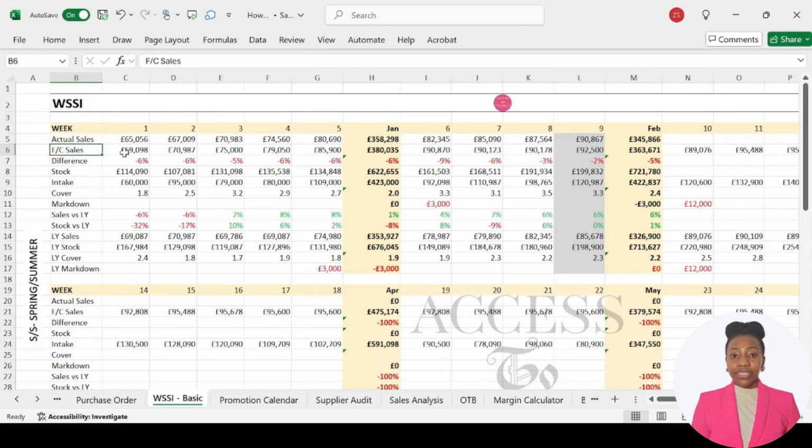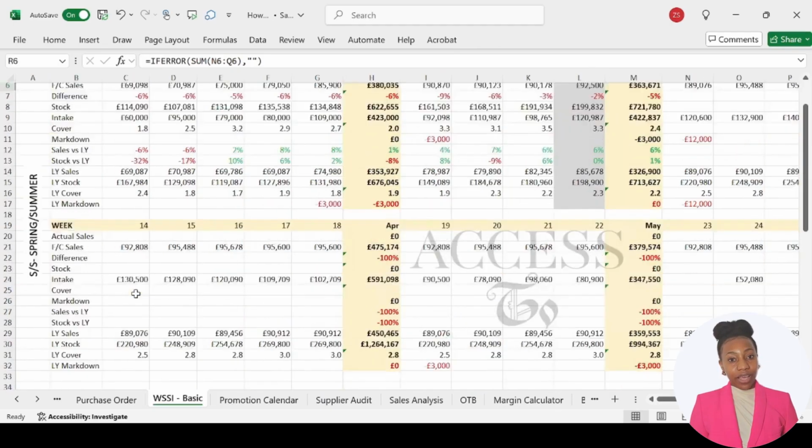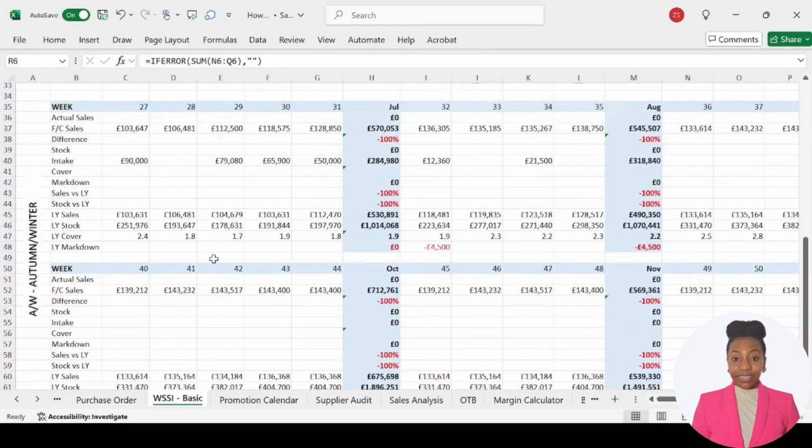Then your forecast sales are the forecasted sales we thought we would take. These forecasted sales get plotted into the Wizzy well before the season has begun. As we can see here, we don't have actual, but we have forecasted sales. That goes on all the way throughout the whole of the half, even into next half.